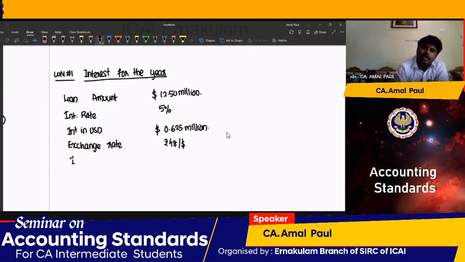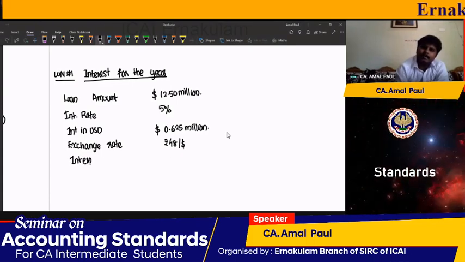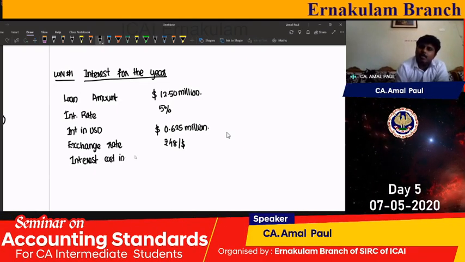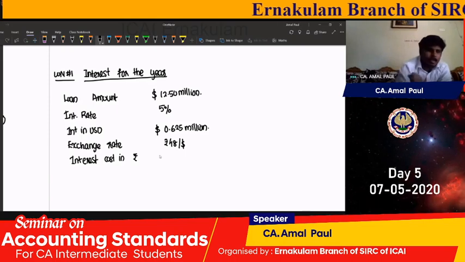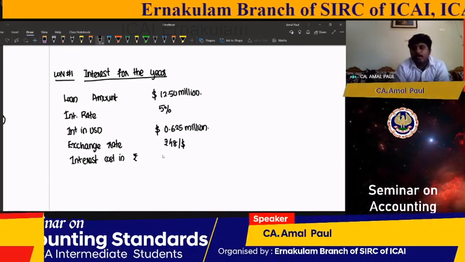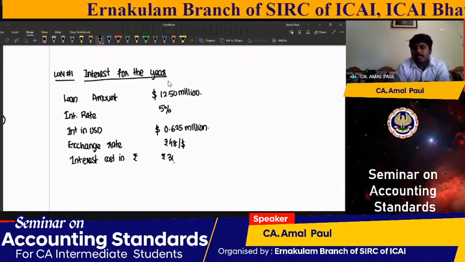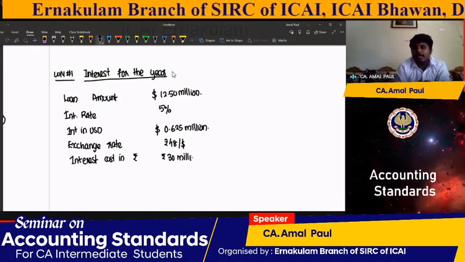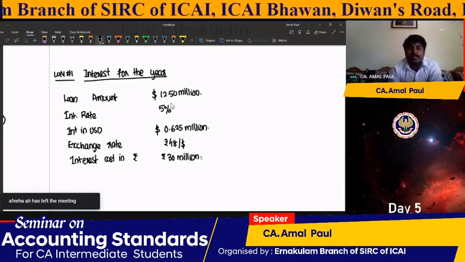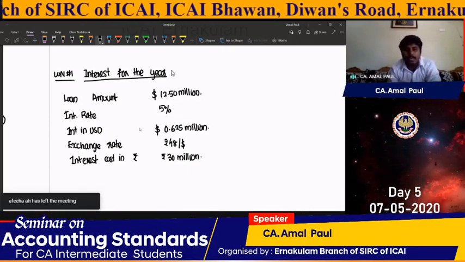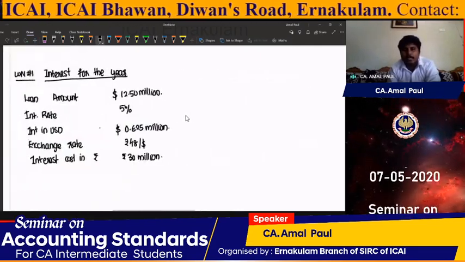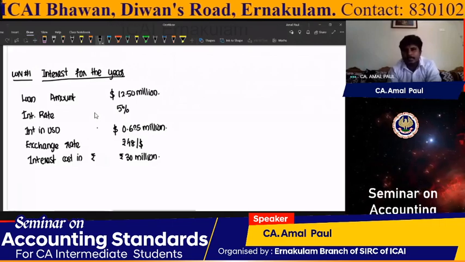Therefore, the interest cost in rupees will be 0.625 million into 48, that is rupees 30 million, as your interest cost for the year. Interest cost alone; we have not considered the exchange difference as borrowing cost. So your interest component is this.